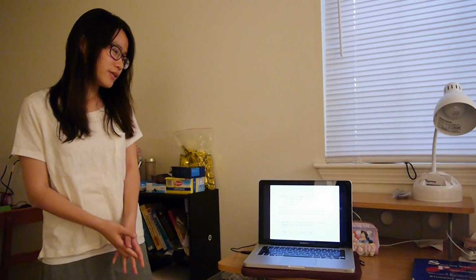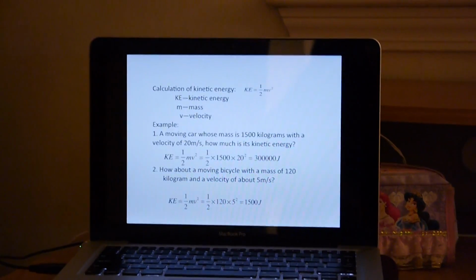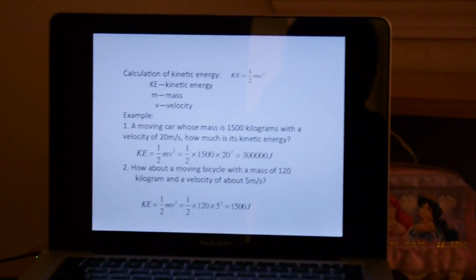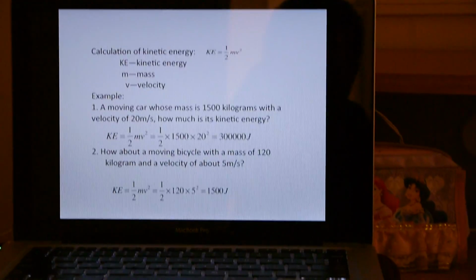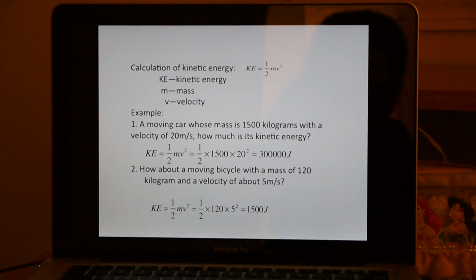Oh, that's a really good question. So let's go back to the formula. KE equals 1/2 times mv squared. So kinetic energy is related to both mass and velocity.